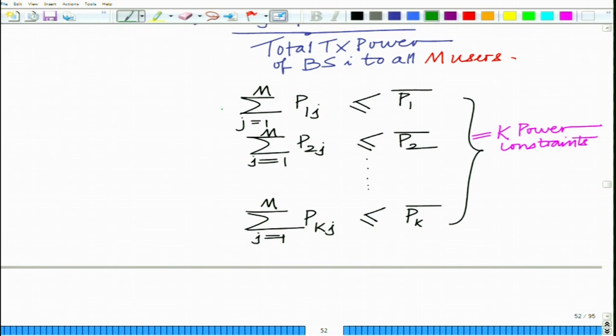Now, you can see again each is a half space. You have these k power constraints, each is a half space. So you have the intersection of k half spaces, a finite number of half spaces.